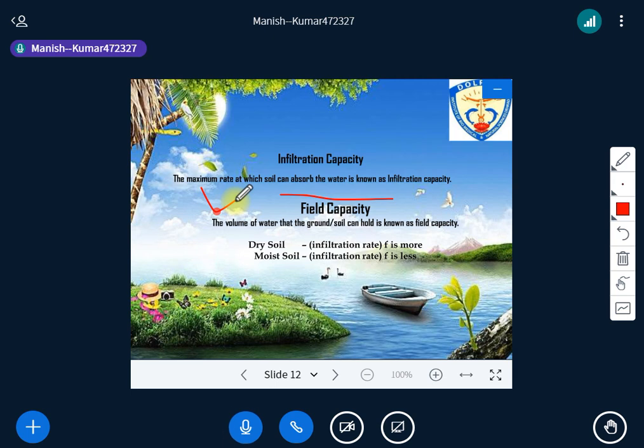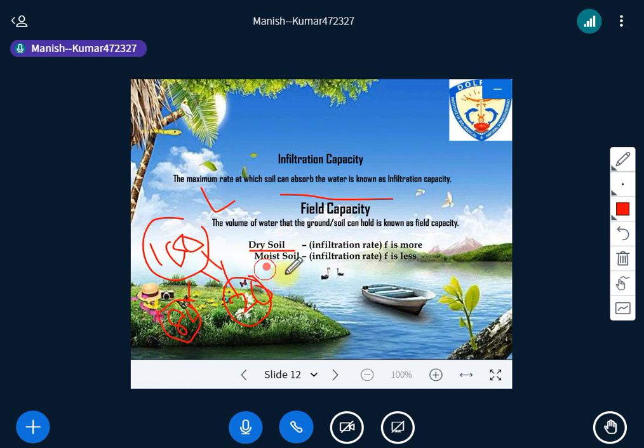Okay, let me simplify. Forget about hydrology for a few seconds, right? See, I have to distribute 100 rupees among two persons. One person already has 80 rupees and the other has 20 rupees. Which will get more? Obviously the one with 20 will get more and the one with 80 will get less. Similarly, it is the same with dry soil and moist soil.